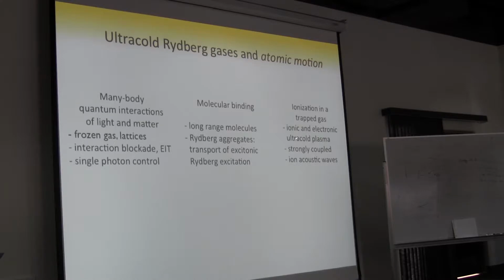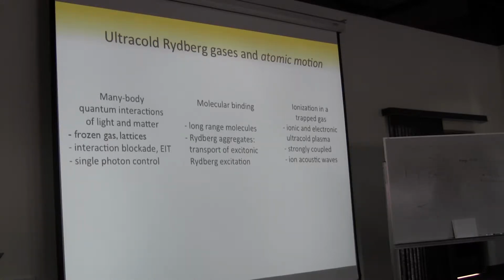And you can now study strongly coupled plasmas very easily in the lab. This has been very difficult so far. They only exist under extreme conditions, let's say in the sun or other stars. It's not so easy to access. And of course, present interest is something like ion acoustic waves, phenomena induced in these ultra-cold plasmas. And then there might be something in between.